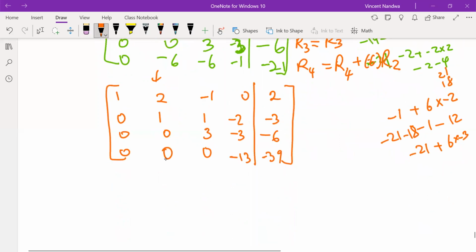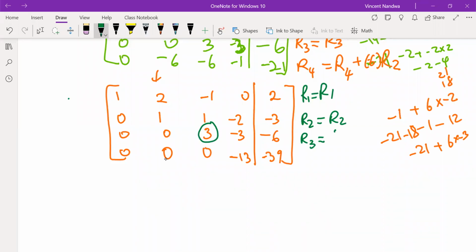Now we expect to have a 1 here and also a 1 here. So I can say row 1 to be row 1, row 2 to be row 2, row 3, I can correct it by multiplying a third by row 3, and row 4, I can correct by multiplying by negative 1 over 13 row 4.